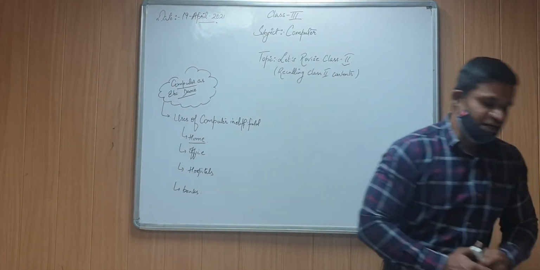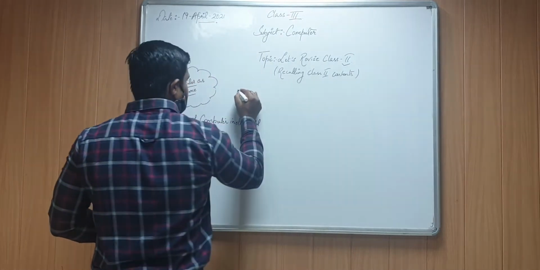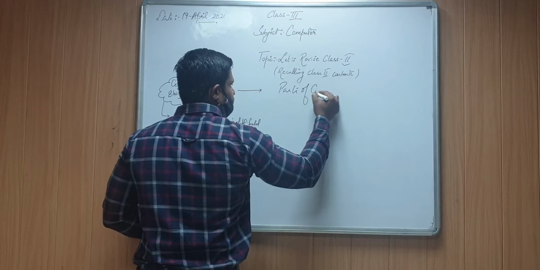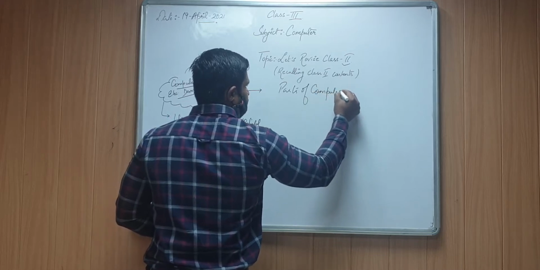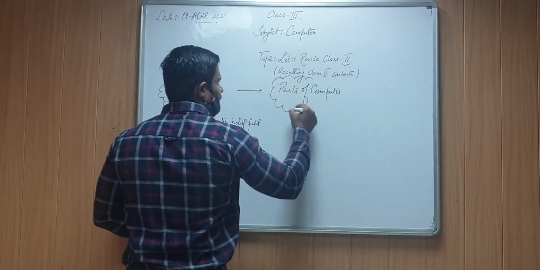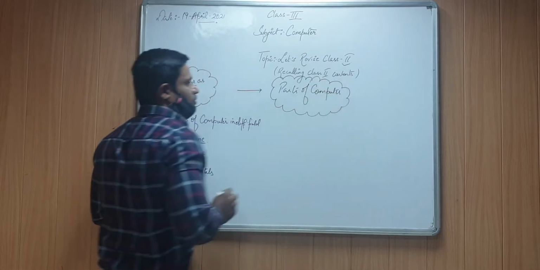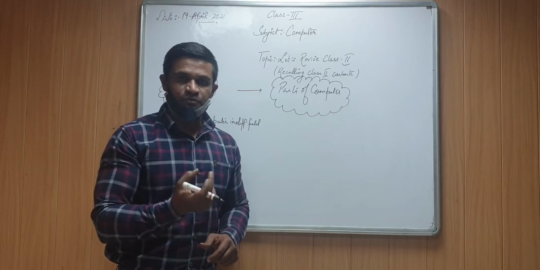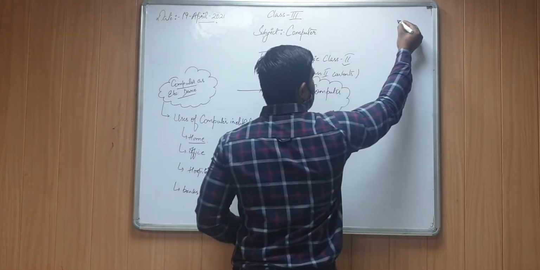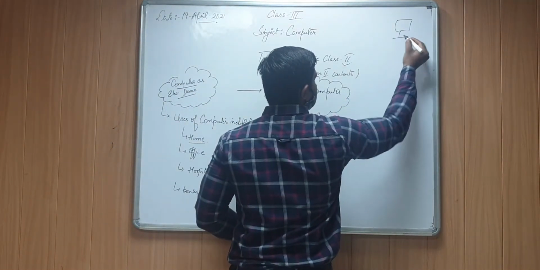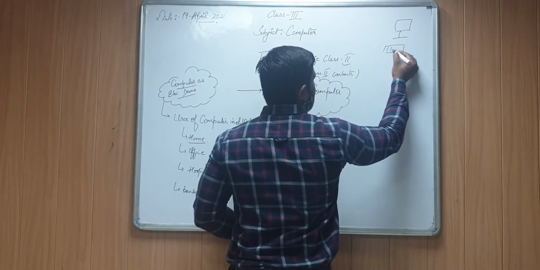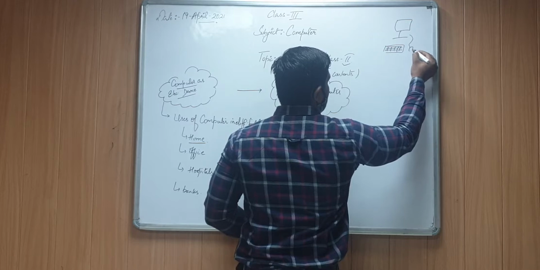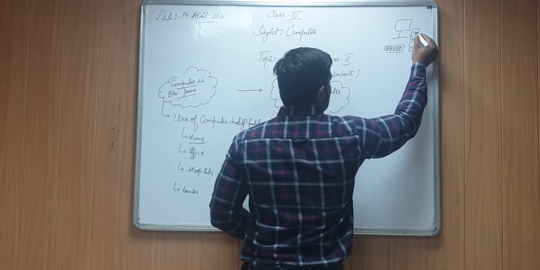After that, we had studied about the different parts of computer, the different units which are attached to make a computer system. A computer system comprises a monitor with input units like your keyboard and mouse, which are connected to a CPU.